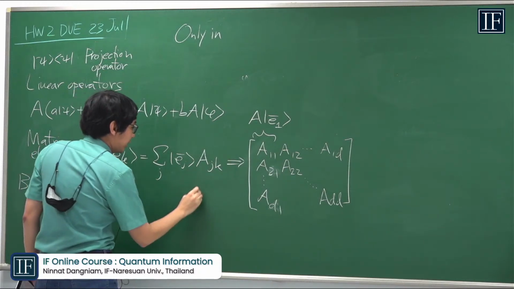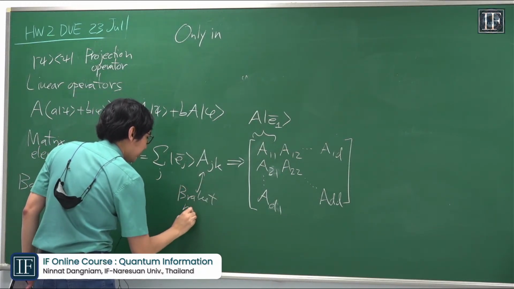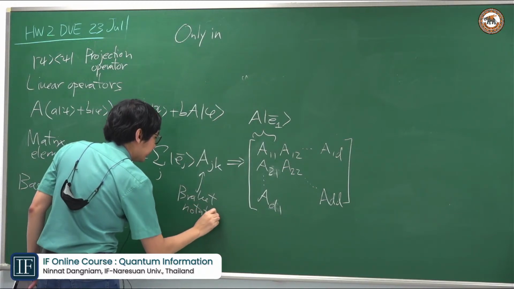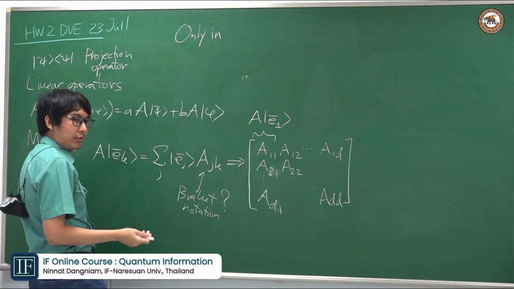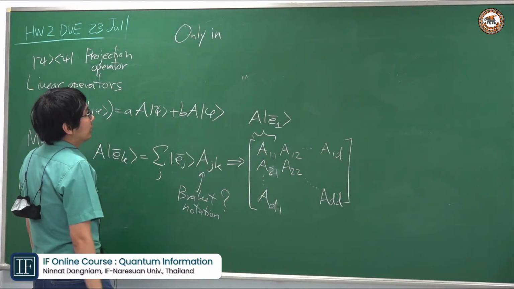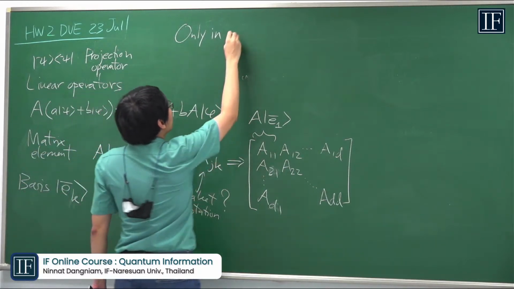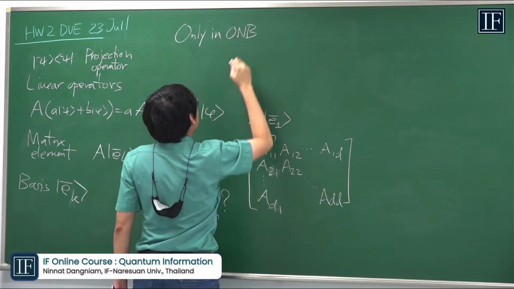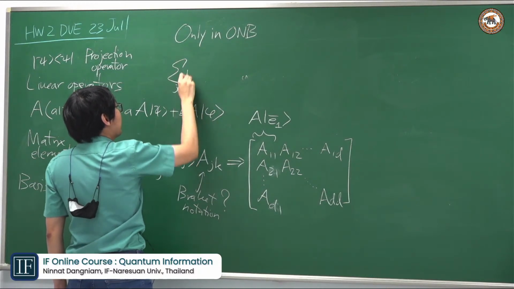But how do we write this in bracket notation? Well, the way that we are familiar with, you really need to use the orthonormal properties. So only in an orthonormal basis, because we want to use this property.